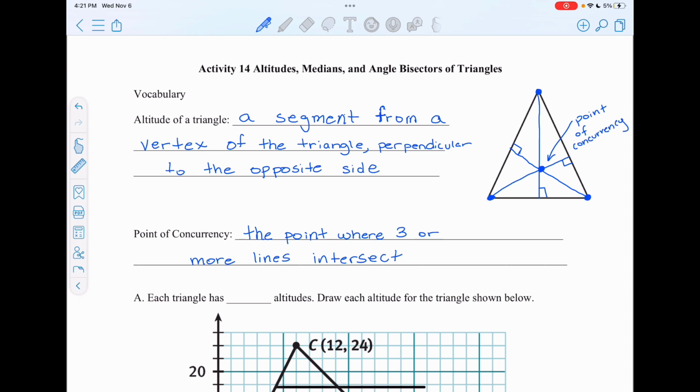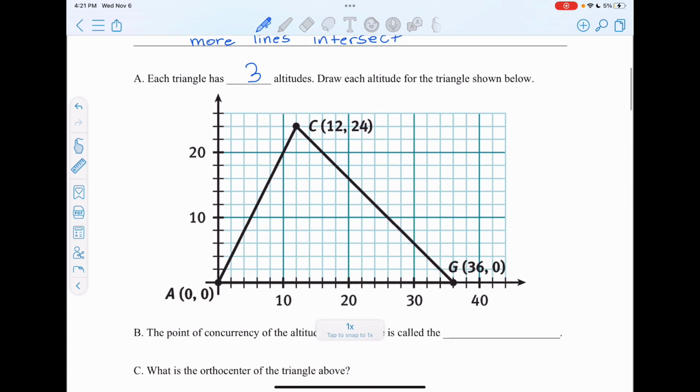So let's practice drawing our 3 altitudes for the triangle down below. If you have a protractor, please line up the black line at the bottom of your protractor with your first side of your triangle. So let's do this bottom side. And once you have your protractor lined up, slide your protractor until you see that your vertex is lined up with the 90 degrees.